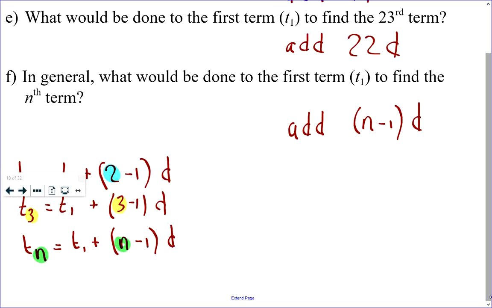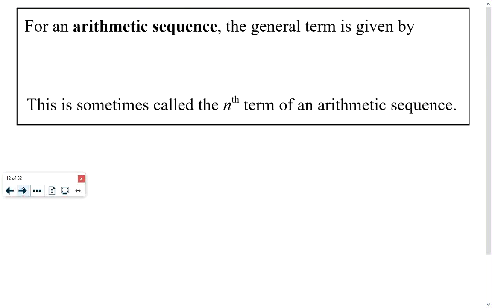For any arithmetic sequence, any term, we call it the nth term, is equal to the first term plus n minus 1 times d.